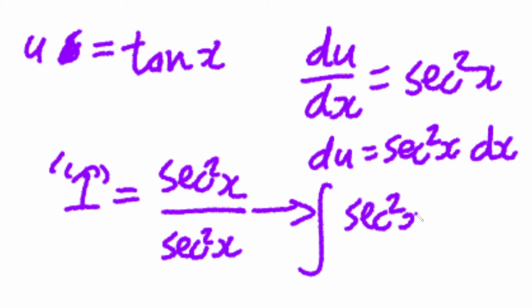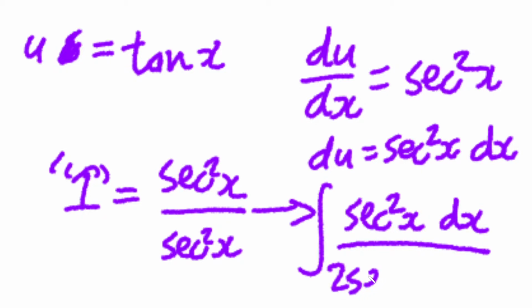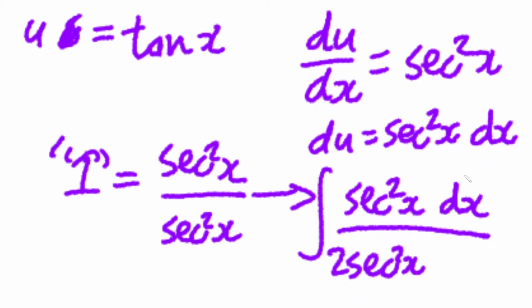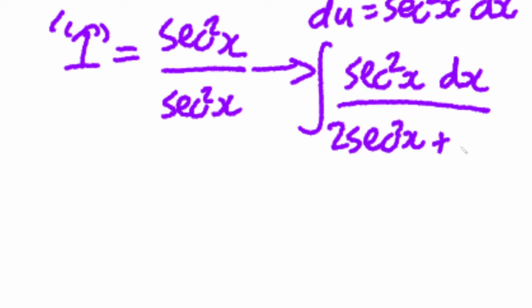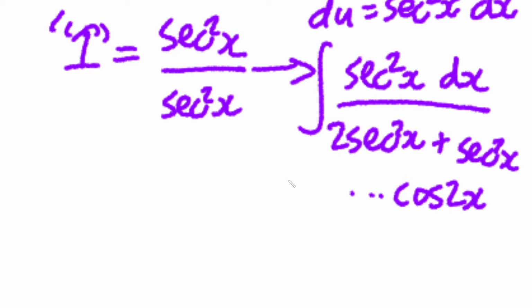So you find secant squared x dx over 2 secant squared x plus secant squared x cos 2x. And of course that doesn't help us so much. It would be nice to be able to put this in neater terms.